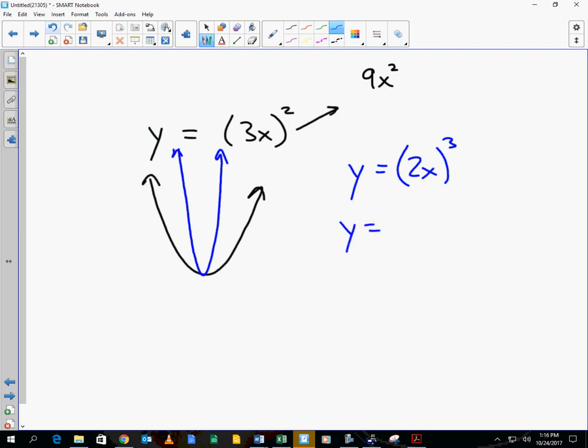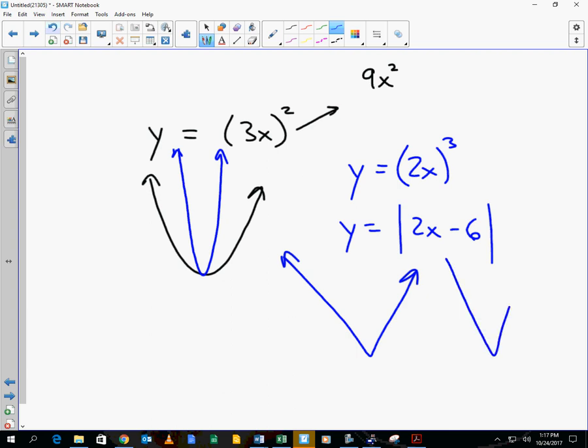If we have y equals the absolute value of 2x minus 6, the parent function looks like that. There's two ways I think about this. Number one, the 2 is on the inside. So what's the reciprocal of 2? So is it going to get smaller horizontally or bigger horizontally? Smaller. If you think about it, it has a slope of positive 2 and negative 2. So you can think of it as a vertical stretch or a horizontal compression. It works no matter what kind of function you give it.